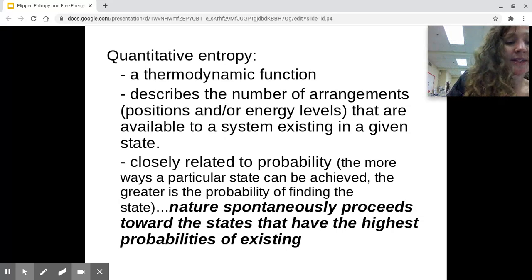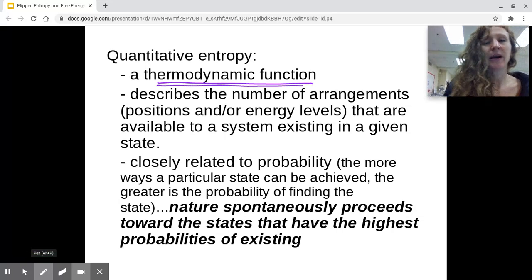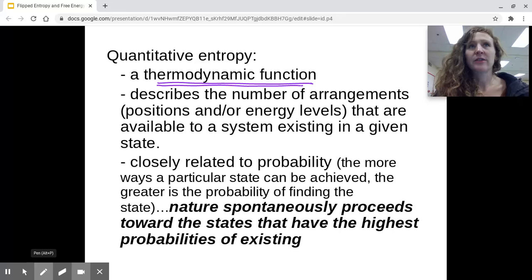So quantitative entropy is a thermodynamic function. If you ever hear someone talk about thermodynamic properties or thermodynamic qualities or thermodynamic functions, they're talking about these concepts that we're talking about in this chapter, and entropy is one of them. So is enthalpy, and we will see a third also.